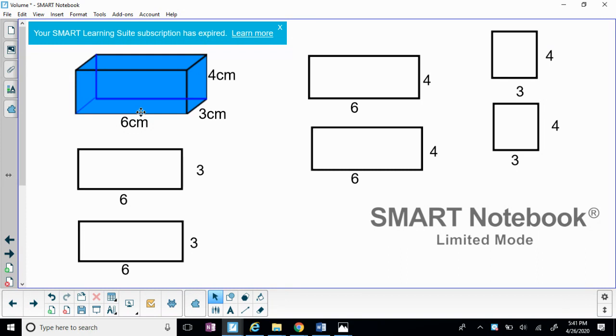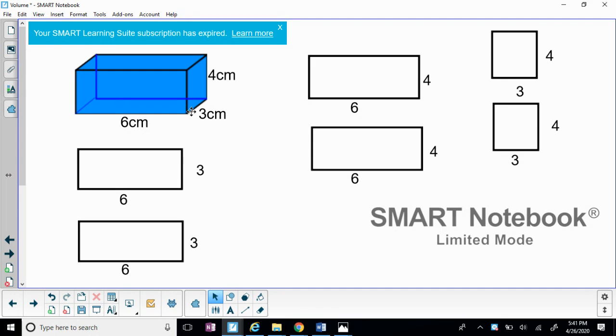So we have this face, which we know has a base of 6 and a height of 4. So the first face, base of 6, height of 4, is calculated here. But we know that there's 2 of them, right? There's this face, and then there's the parallel one. Think of the front face, the back face. 6 times 4, 6 times 4.